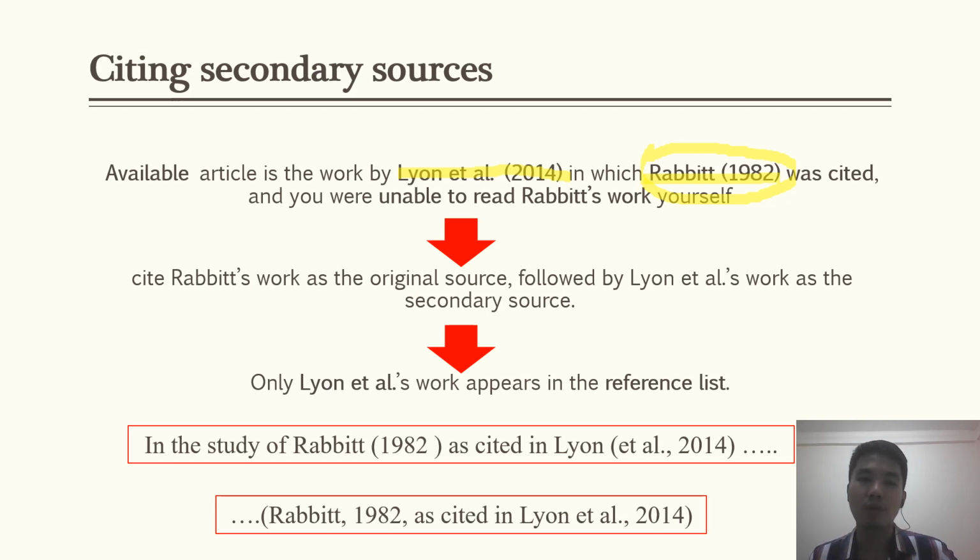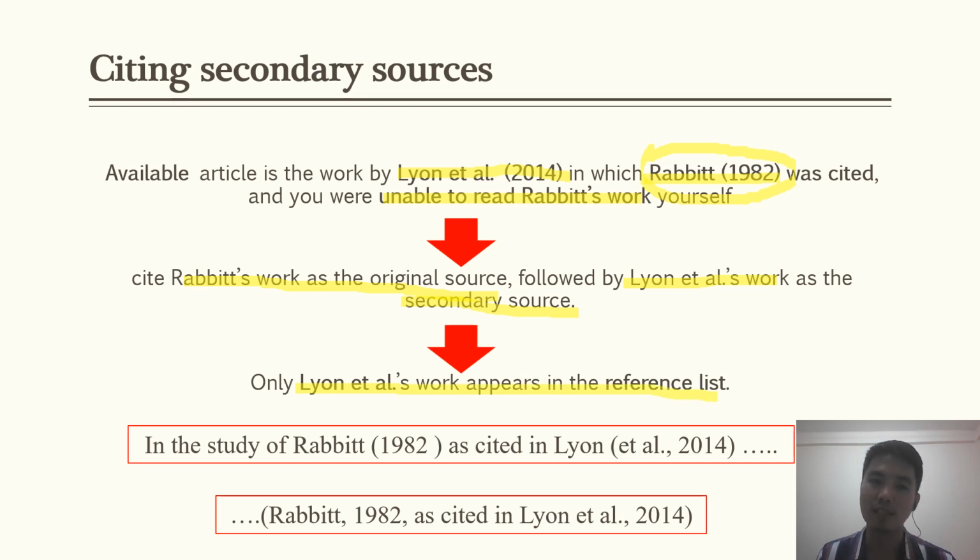However, you were unable to read Rabbit's original work. So anong gagawin natin dito is in your in-text citation, you cite Rabbit's work as the original source, followed by Lyon et al.'s work as your secondary source. So only Lyon et al.'s work appears in the reference list.